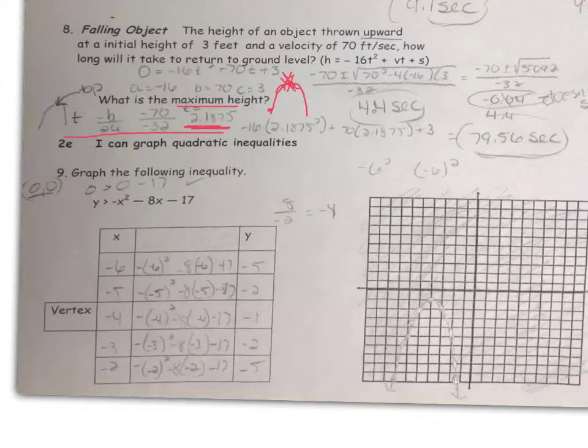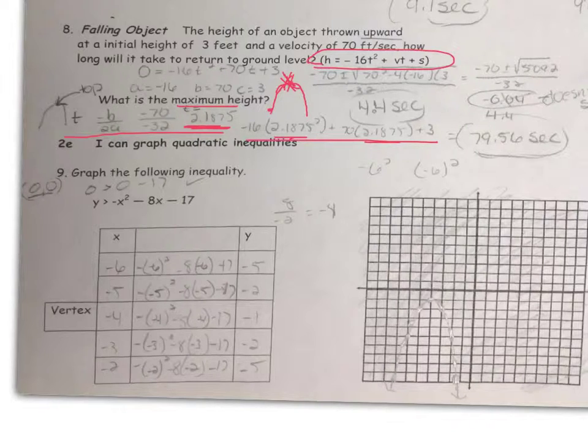We were looking for the height, so we had to plug it back into this equation. So here is my x, or my t in this case. I plugged it back in, and I just really used the calculator here, negative 16 times 2.1875 squared plus 70 times 2.1875 plus 3.